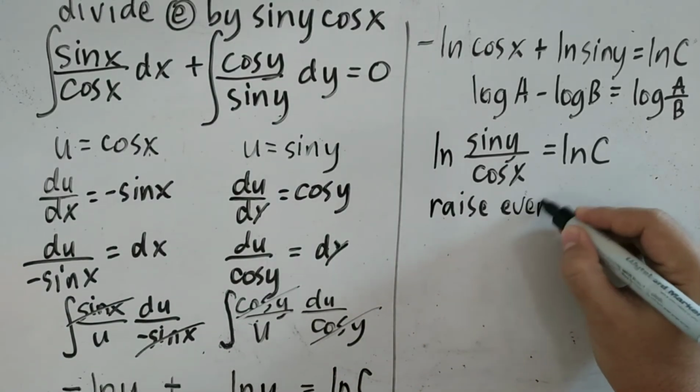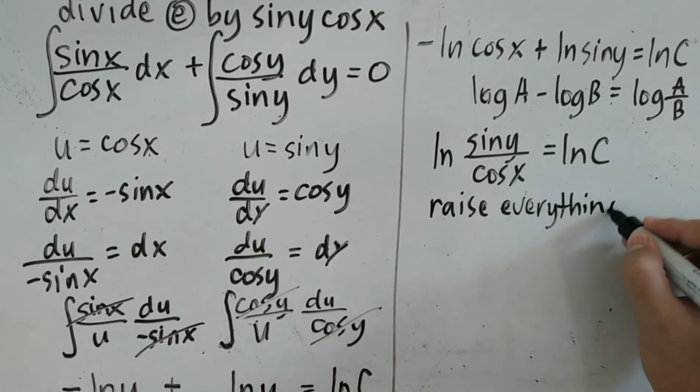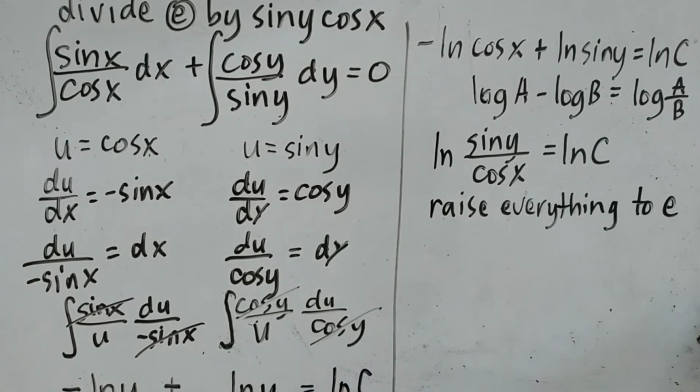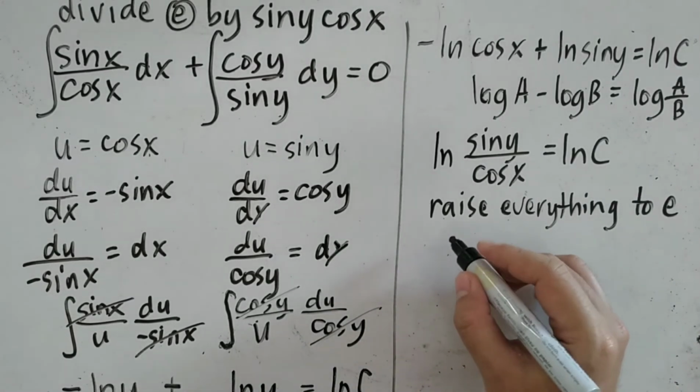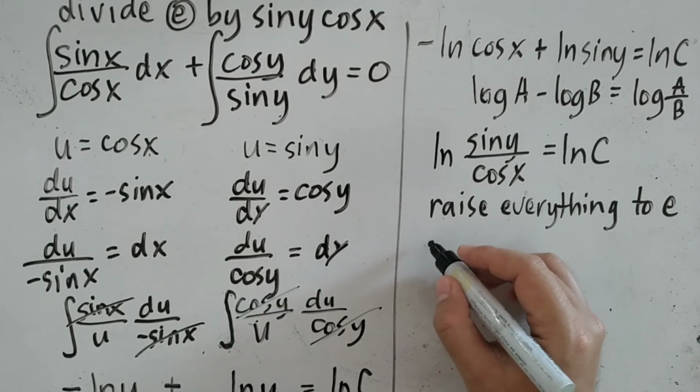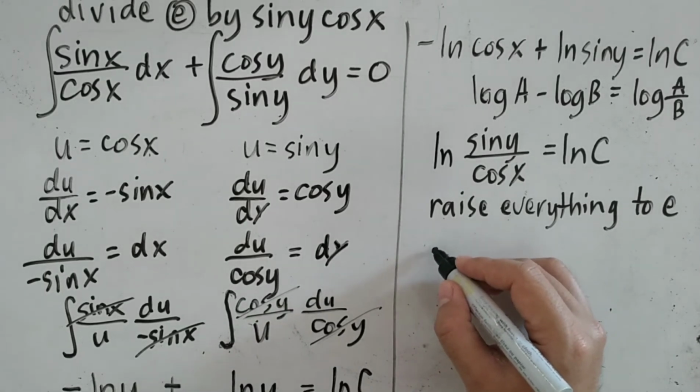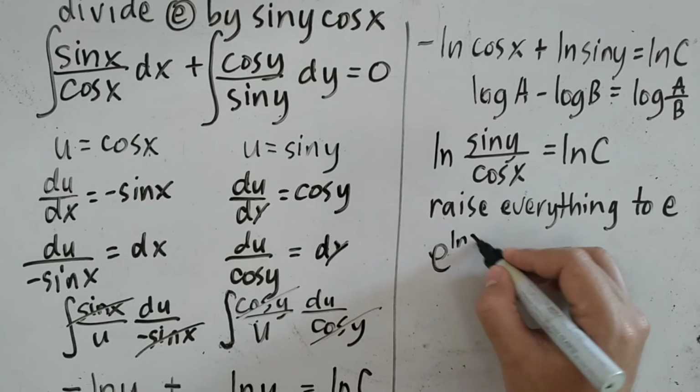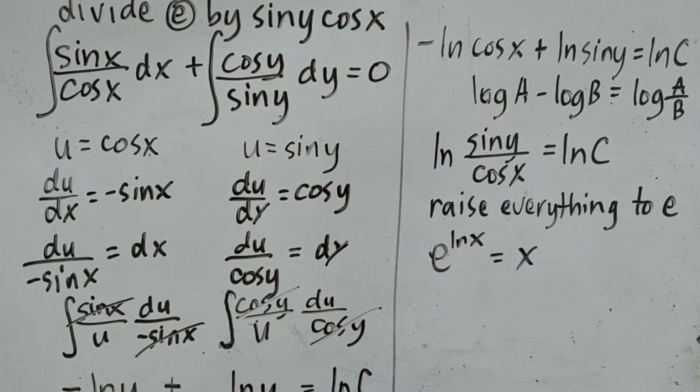raise everything to e in order to cancel ln, because e to the ln of x is equal to x.